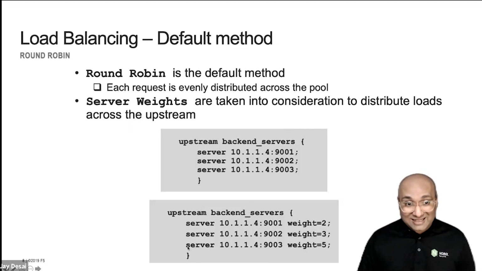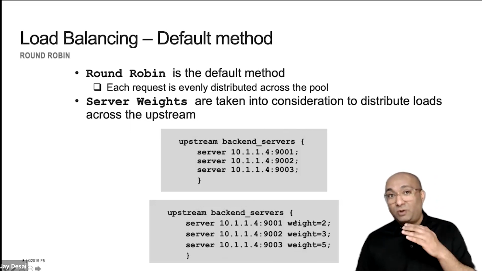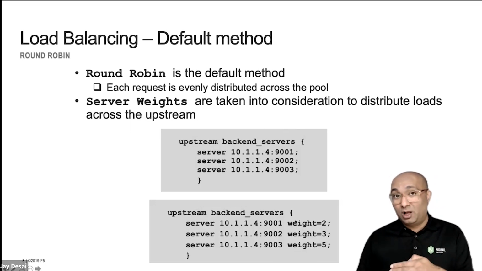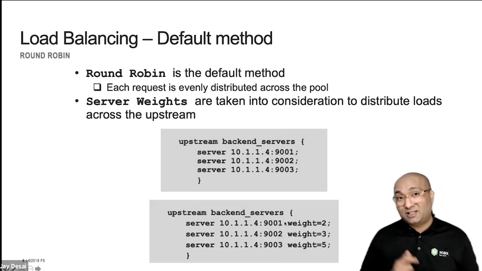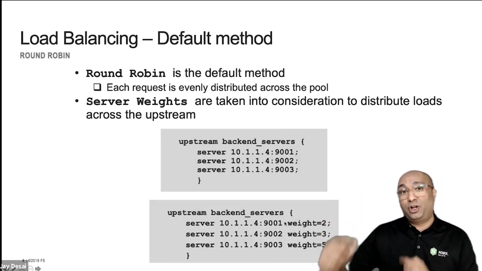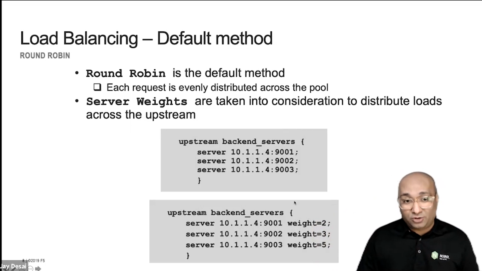However, if you look at the example at the bottom, I've manually defined the weight of each of those individual endpoints. In this case, for backend 1, the port 9001 application, I've defined a weight of 2. The way NGINX calculates how this weight works is that it adds the total number of weight units across all the upstream instances.